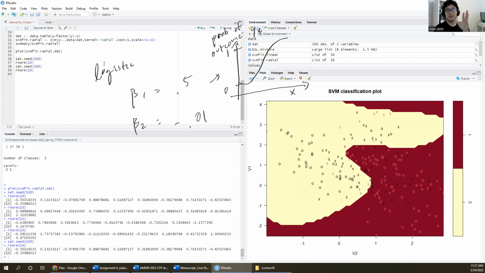Okay. The simplicity of the logistic regression allows me to interpret the direct relationships between my X's and my Y's in this way.